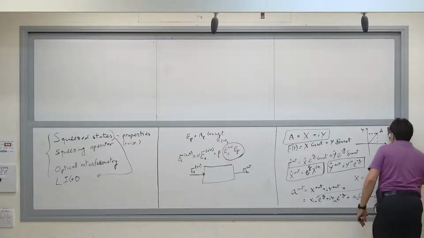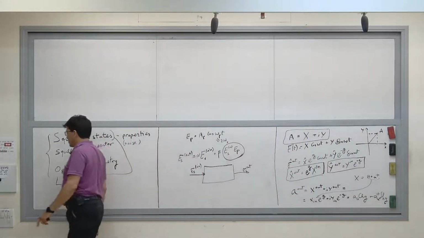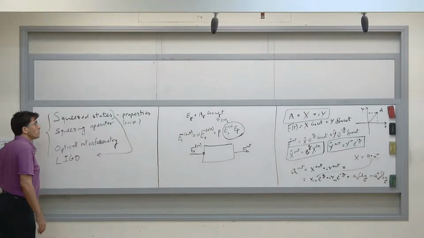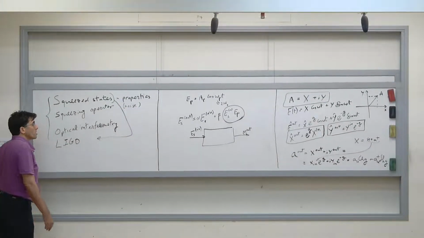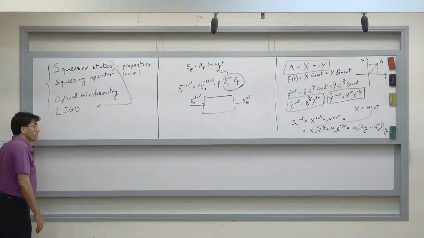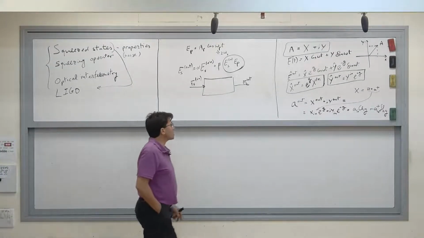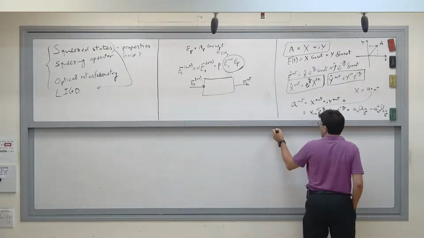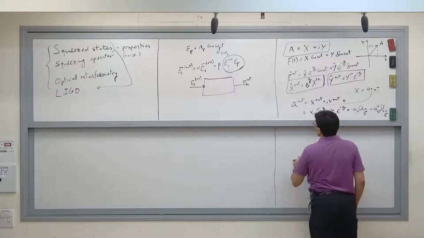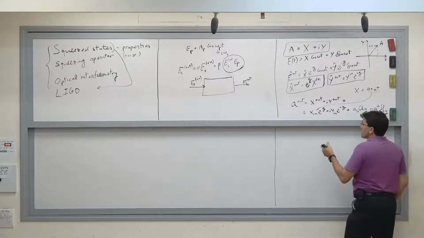Now the first thing to check is whether this at all makes sense. Is this a creation or annihilation operator at all? And then the question is, what are the states that it creates or annihilates?